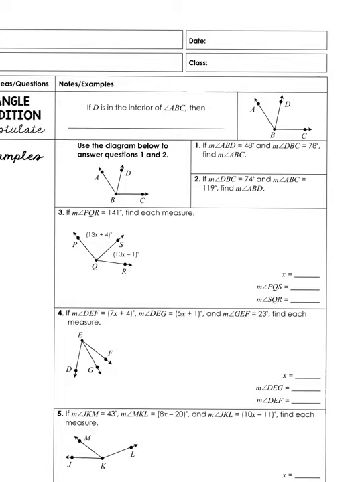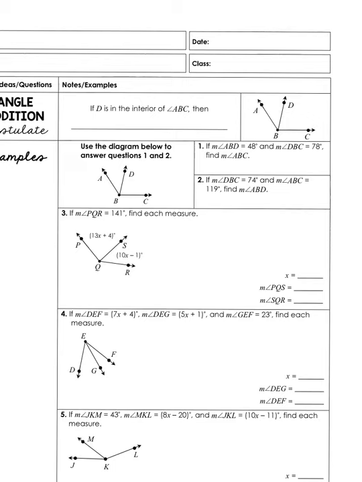The first thing we need to do for the angle addition postulate is take a look at the drawing. It says if D is in the interior of angle ABC, interior means the inside, just like the interior of a house. If I said go to the interior of your house, you would know what that meant. So D is on the interior.